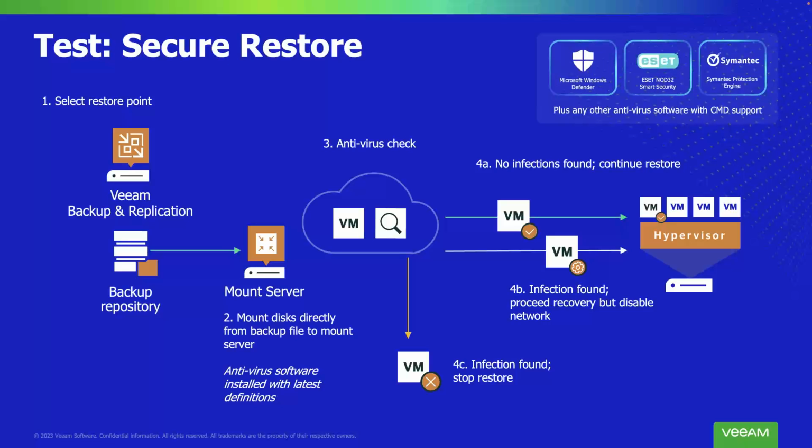The last option is you found a virus, stop the restore, and then perform another Secure Restore on another restore point, right? So some of the out-of-the-box supported antivirus, we work with Microsoft Windows Defender, ESET, Symantec, and of course you can add on other antivirus software that supports command line, right?